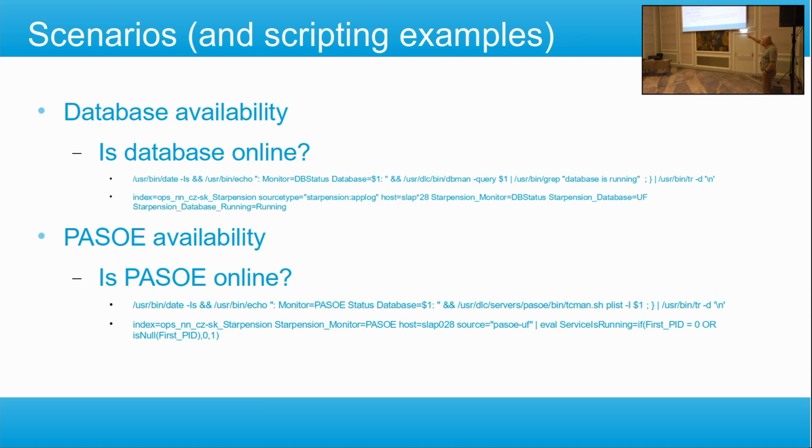That's how I analyze the input line from the output. Everyone, if you go home, you can write this kind of script. You can see the output, and you will see all the information which is in the search.